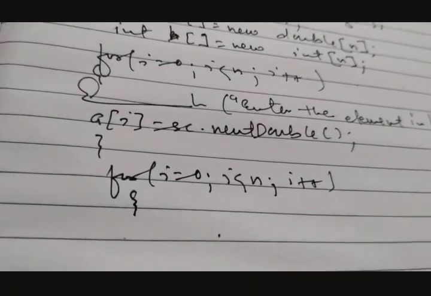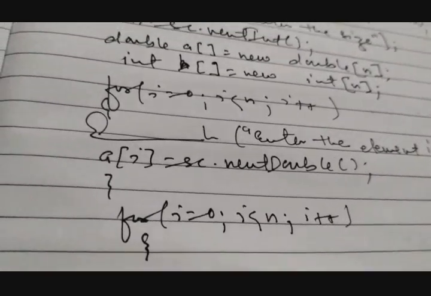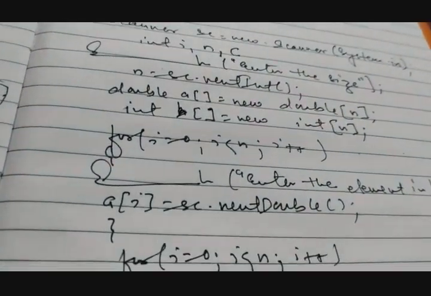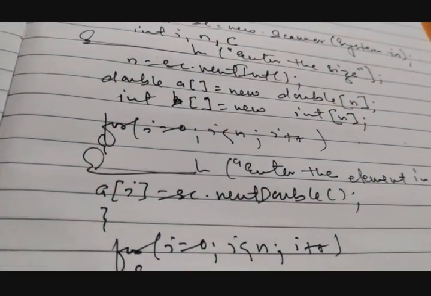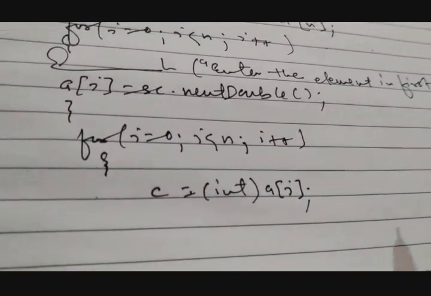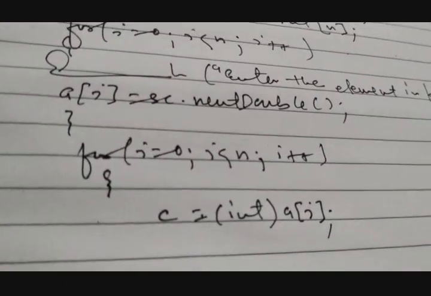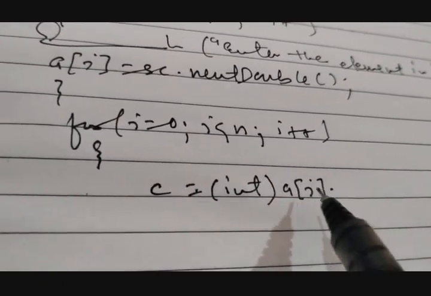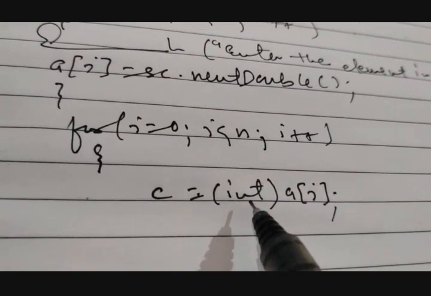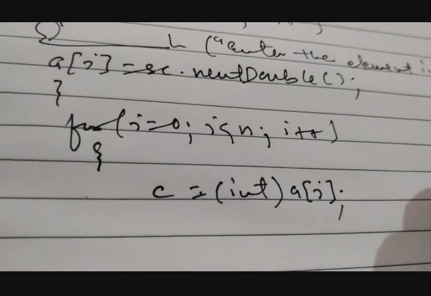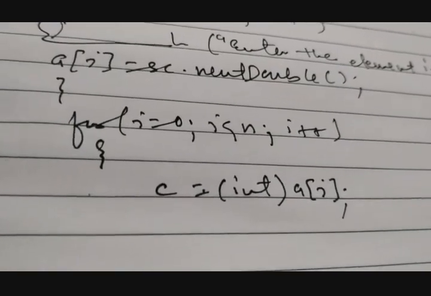Alright, now let's consider another int type value c. c equals int A of i. Here we are doing the typecasting. I am converting the element of the array into an integer type. For example, the first element was 2.4, so c will contain 2 now.